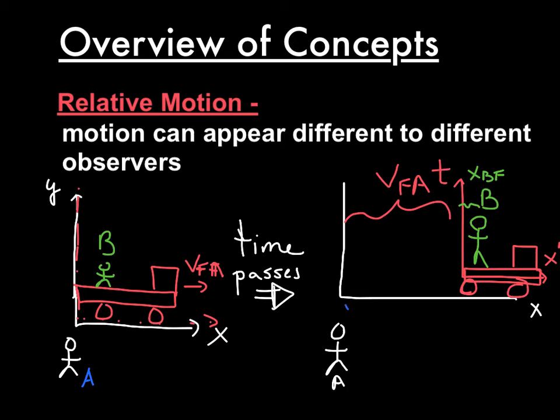And then person A measures B's position right here. So this is the position of B as measured by A. So it's always "of" measured "by." So position of B measured by person A.